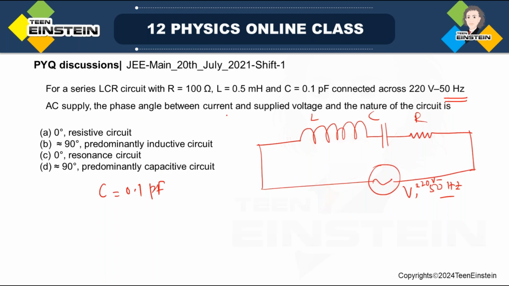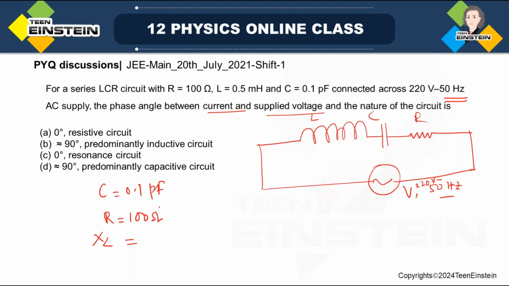The question is the phase angle between the current and supplied voltage and the nature of the circuit. So we have to find out what is the phase angle between the current and the supplied voltage, and we have to find out the nature of the circuit here. See, let me tell you this R is actually 100 ohm. What about XL?